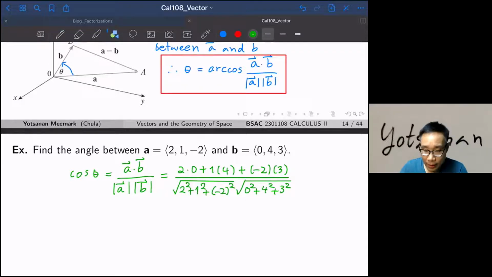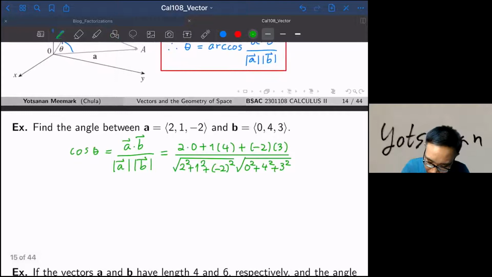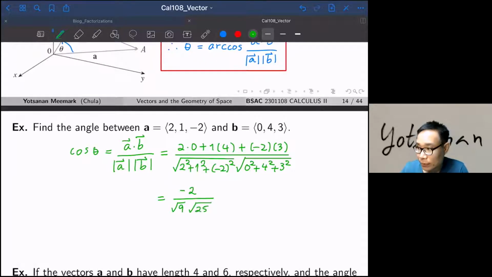The calculation leads you to 2 times 0 is 0, so it's 4 minus 6, which is negative 2 on top. On the bottom you get the square root of 9 and the square root of 25, so it's negative 2 over 15 on the bottom.